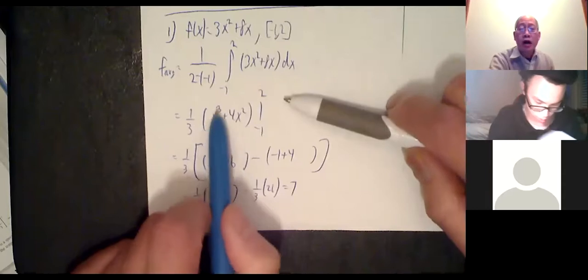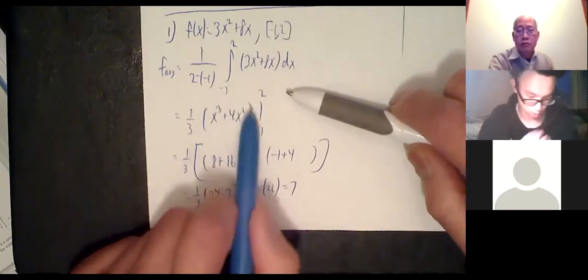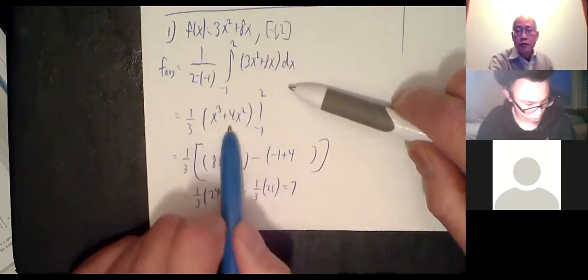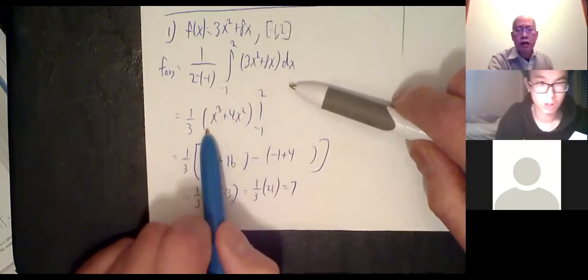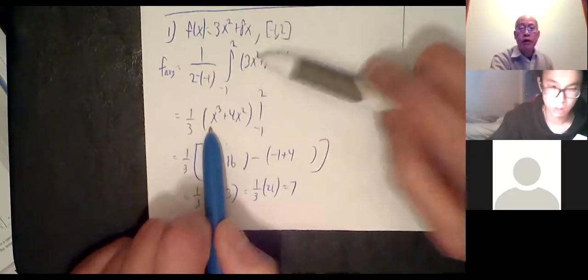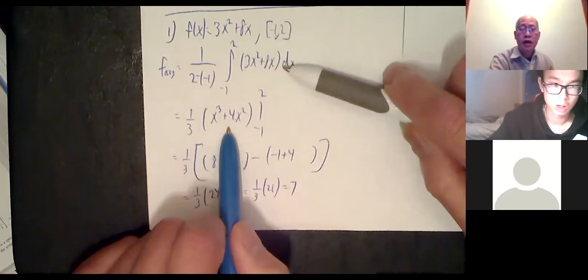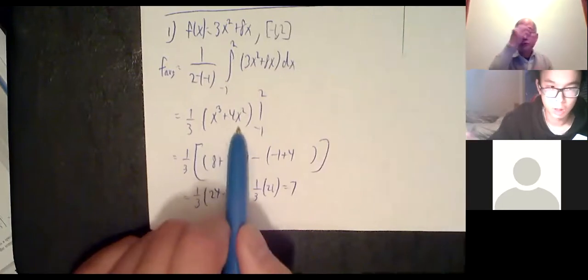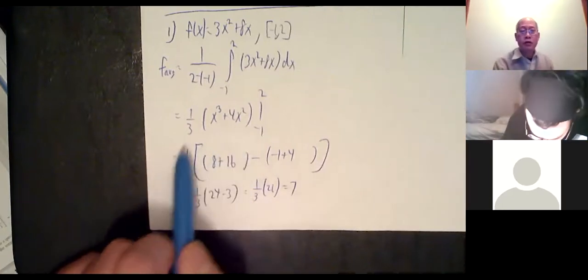And by the way, how can you ever check an integral? Take the derivative, right? Very common technique. You say, I wonder if I integrate it right. Take the derivative. What's the derivative of x cubed? 3x squared. What's the derivative of 4x squared? 8x. So it works.